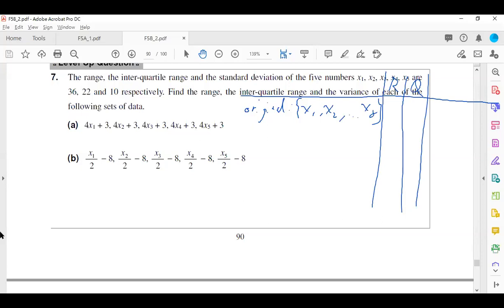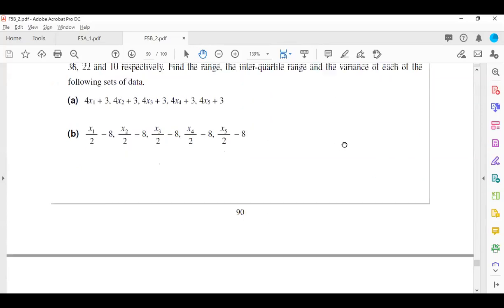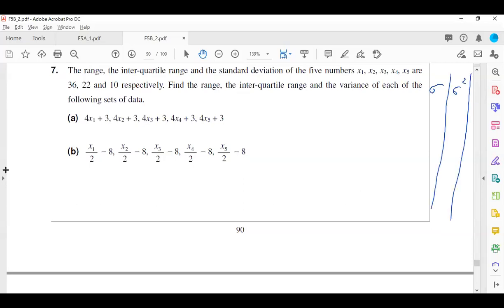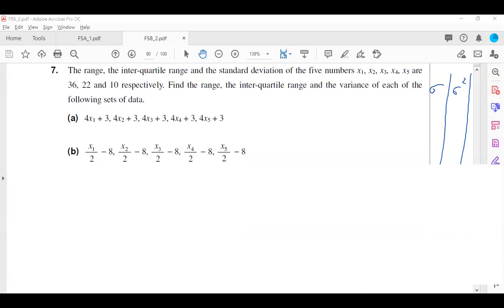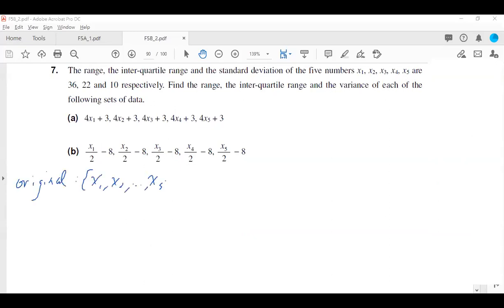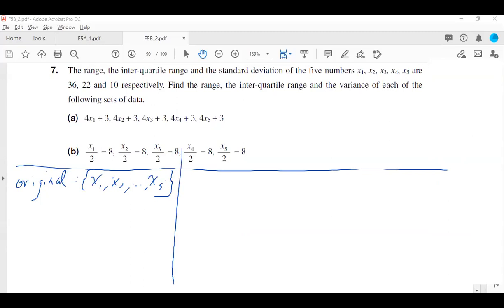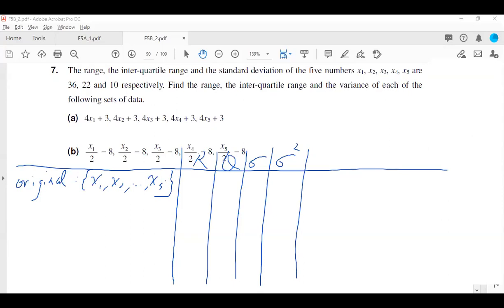Okay, so we have this range is given to be 36, and then interquartile range is 22, sigma is 10.